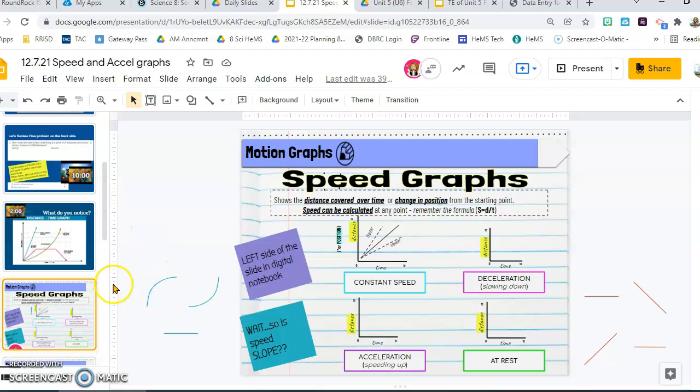So that's what we did. Right now, though, we're going to be looking at these speed graphs. This is the left side of slide 11 in your notebook. So you're going to drag these along with me. What does acceleration look like? Very good. So you decided it was this curved piece right here. There you go.